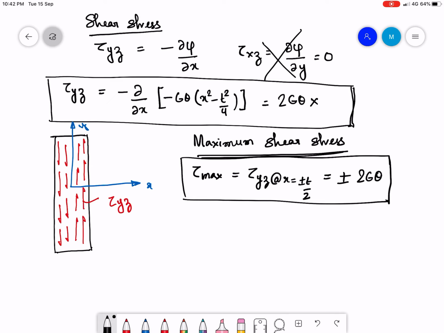Okay. Now, let us try to find out the torsional rigidity of the rod.